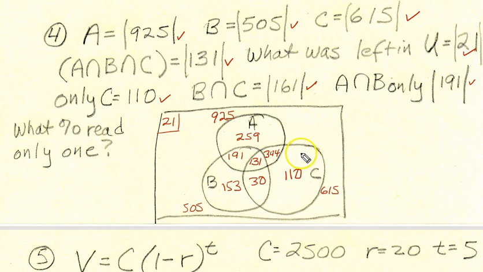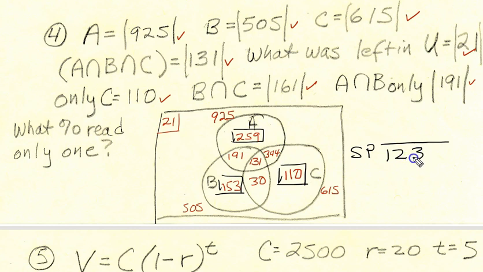Now we're able to see who read only, and I'll change colors here, Book A, Book B, Book C, but we still don't know what our total sample space is. We find that by adding up all of these inside here along with our 21. Now when we do that, we get 1239.